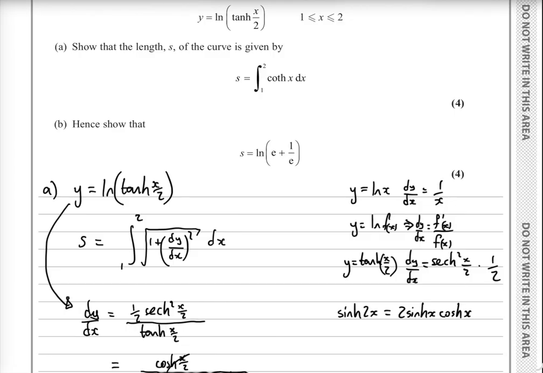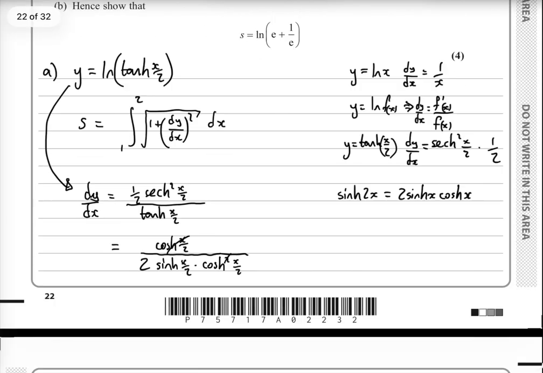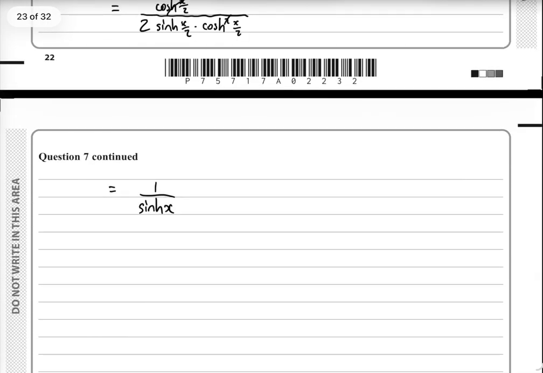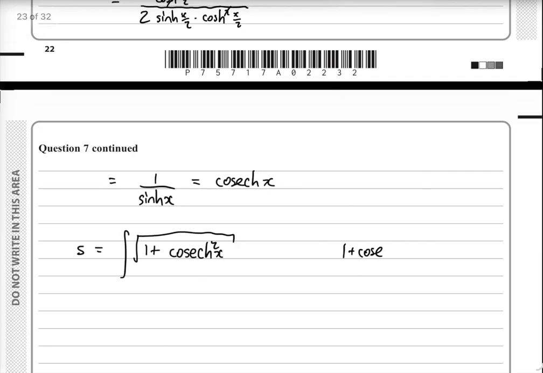But we're still not there yet, we need to get coth x, not 1 over sinh x, and that's because I haven't put it into the integral yet. So s is equal to the integral of the square root of 1 plus 1 over sinh x, which is cosech x, squared. And 1 plus cosech squared x equals coth squared x.